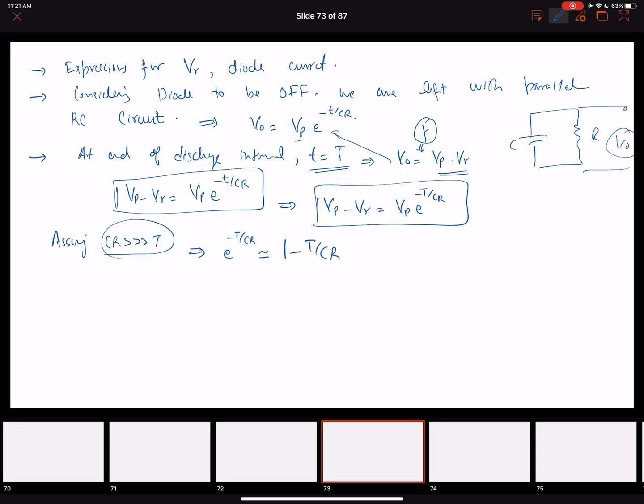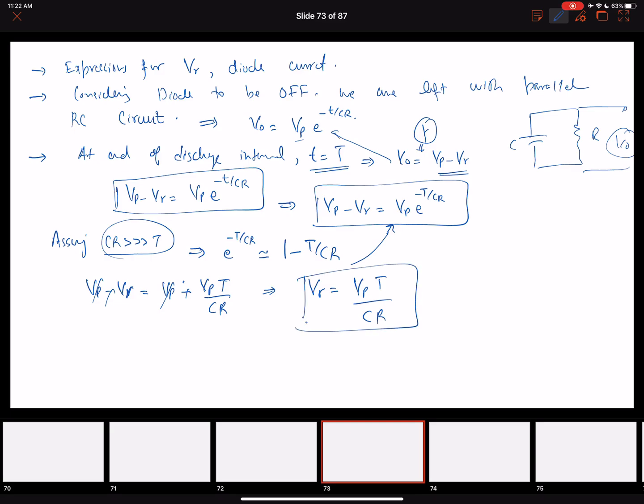So if we put that over here, Vp minus VR equals Vp minus Vp times T over CR. So we are left with the ripple voltage equal to the peak value times T over CR.